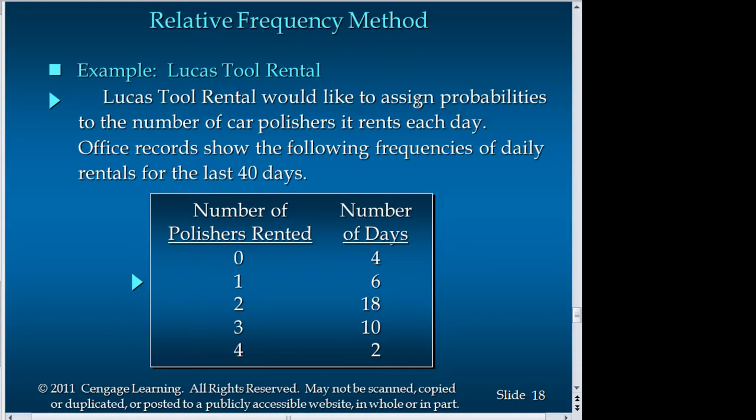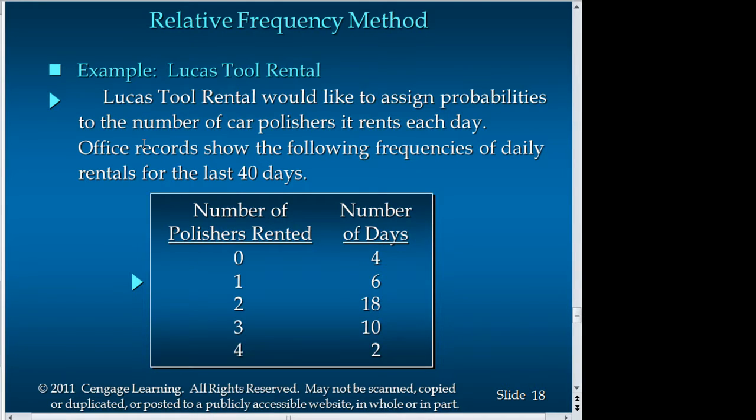So let's say Lucas Tool Rental would like to assign probability to the number of car polishers it rents each day. So this tool rental company rents car polishing kits. Some days they rent out none, some days they rent out up to 4 units.